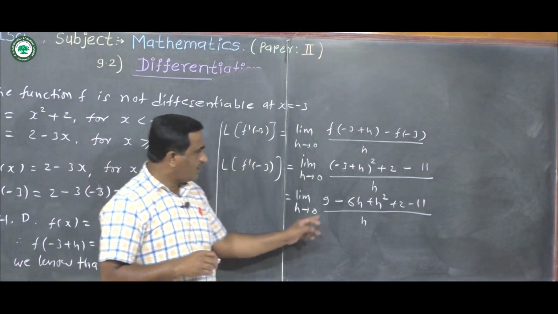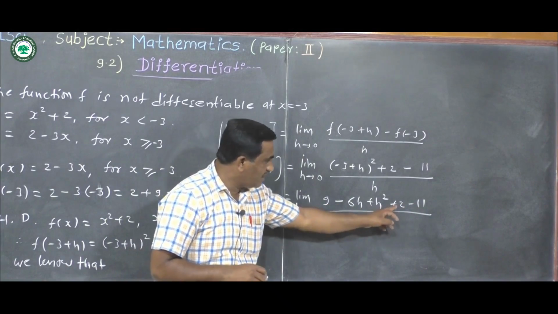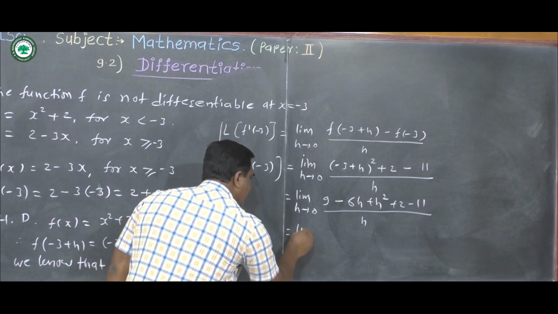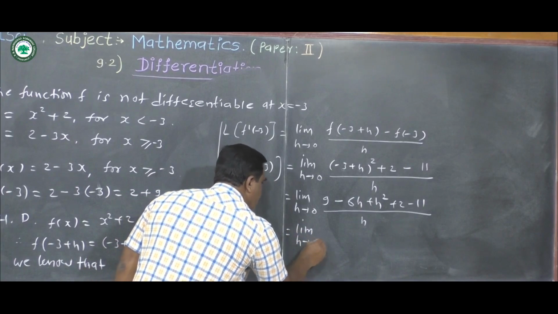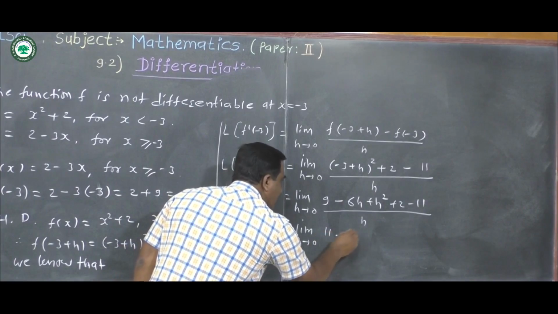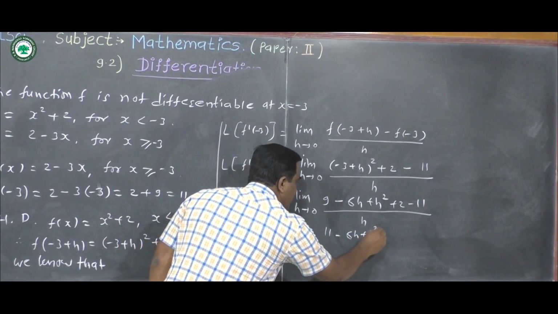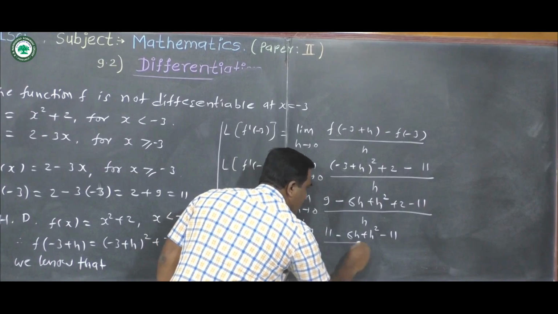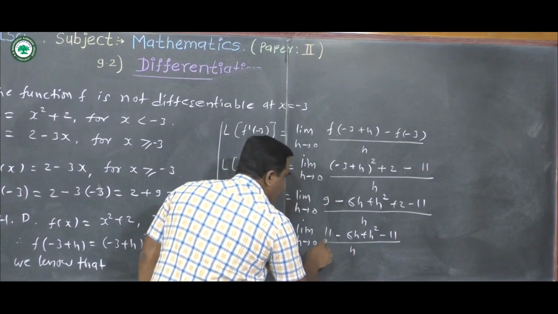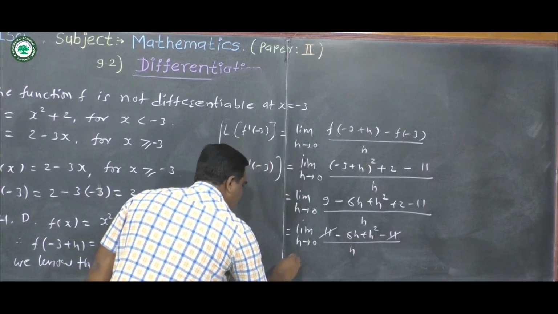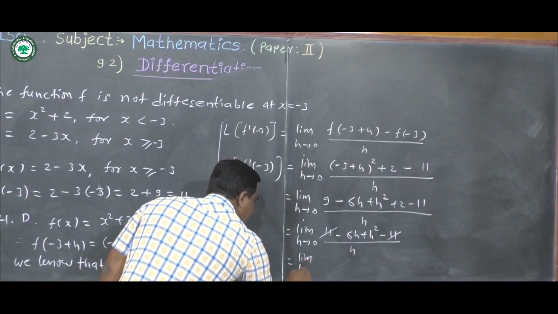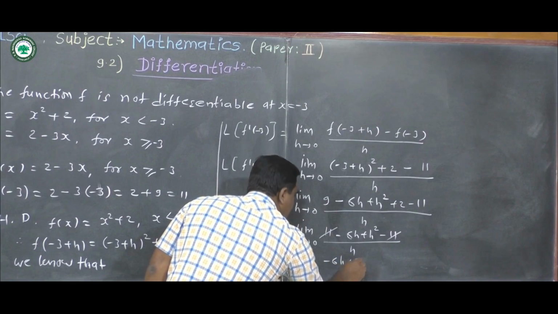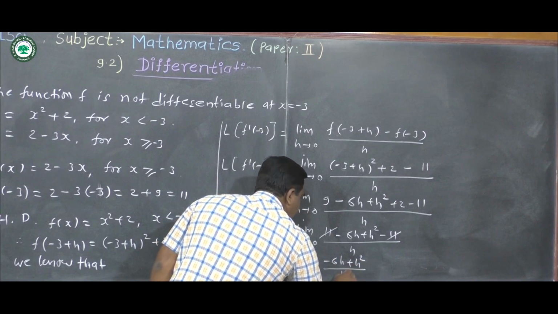Okay, that is we get here 9 + 2 means 11, minus 11 cancel out. Limit h tends to 0 of [11 - 6h + h² - 11] upon h. Adding these two terms we get 11, plus 11 minus 11 cancel out, remains only limit h tends to 0 of [-6h + h²] upon h.